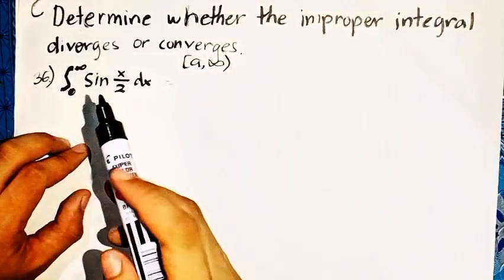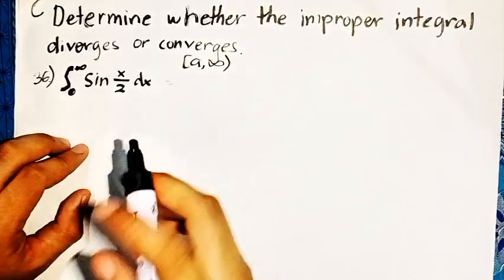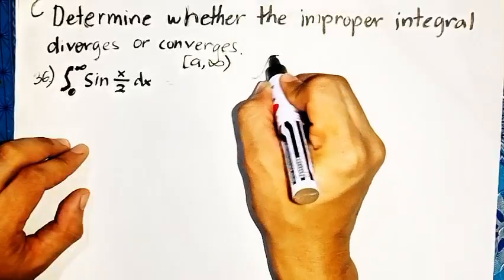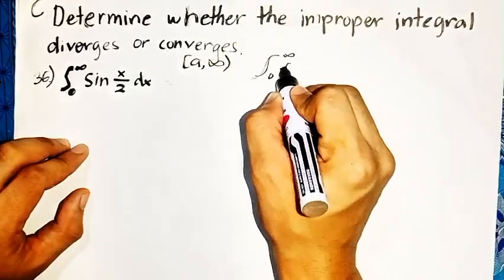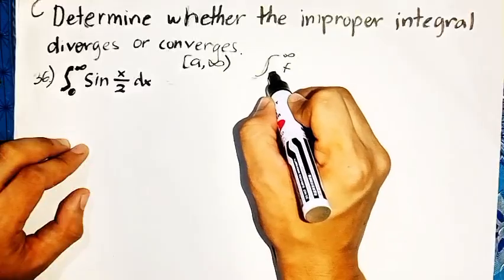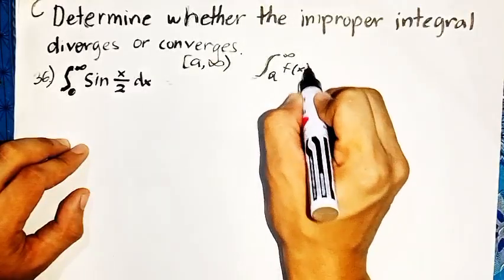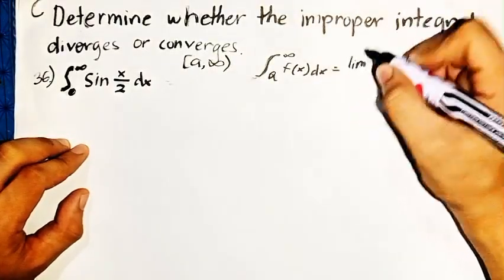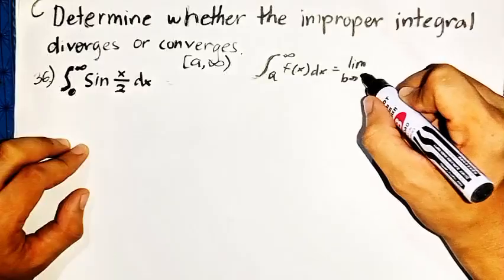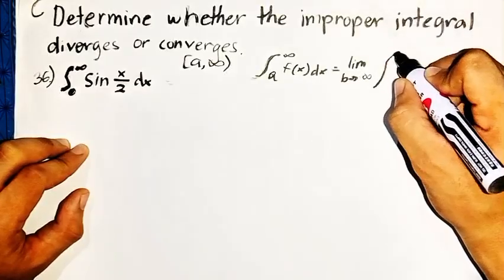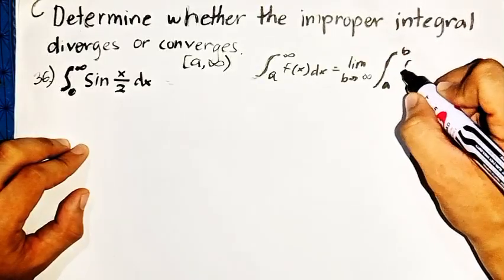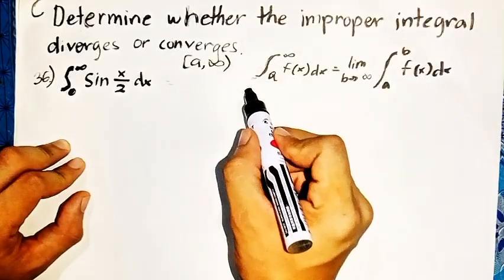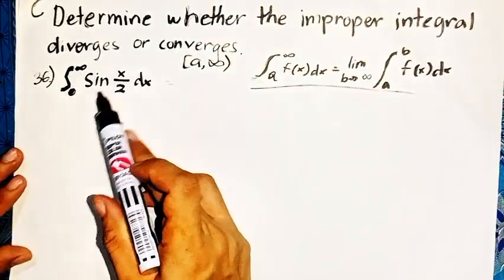Since the function is continuous on the interval a to infinity, then we can use the first definition, which is the integral from a to infinity of f(x) dx is equal to the limit as b approaches infinity of the integral from a to b of f(x) dx. Now we can use this definition to evaluate this function.